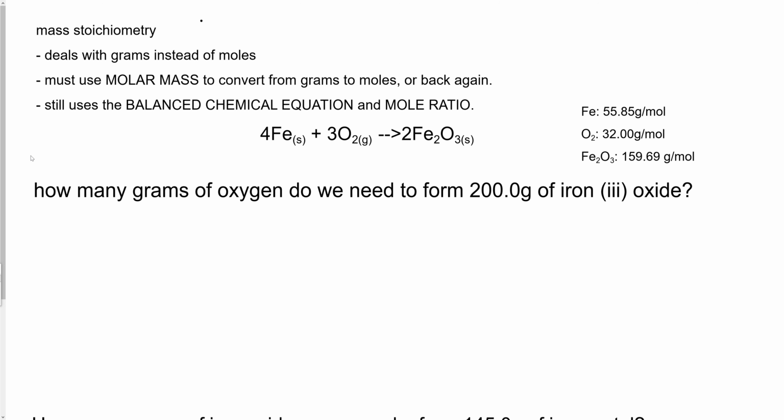So today we're going to be talking about mass stoichiometry, which is exactly the same idea, but instead of displaying our answer in moles, we're going to display our answers in grams. And in gas stoichiometry, we'll express our answers in a volume usually, like how much volume of gas can we make?